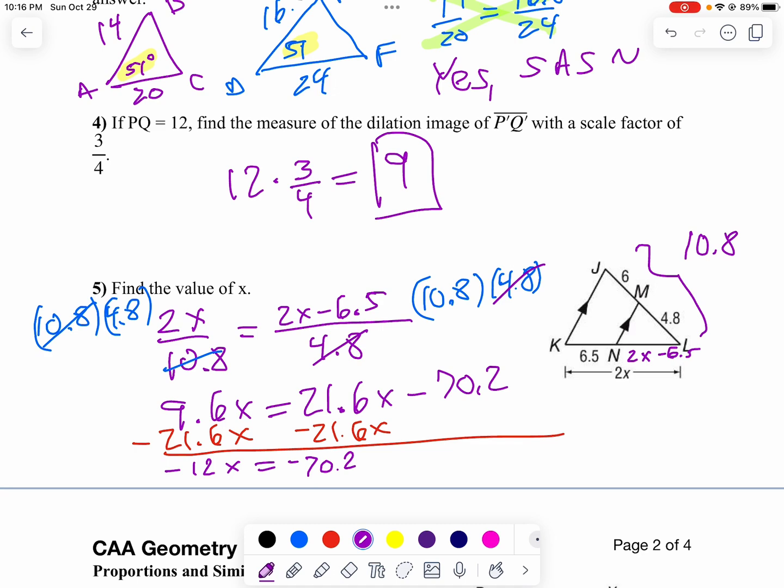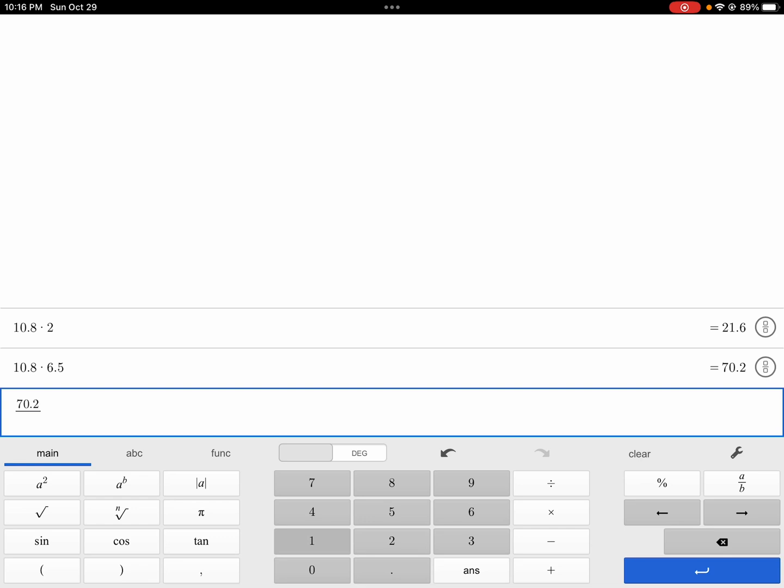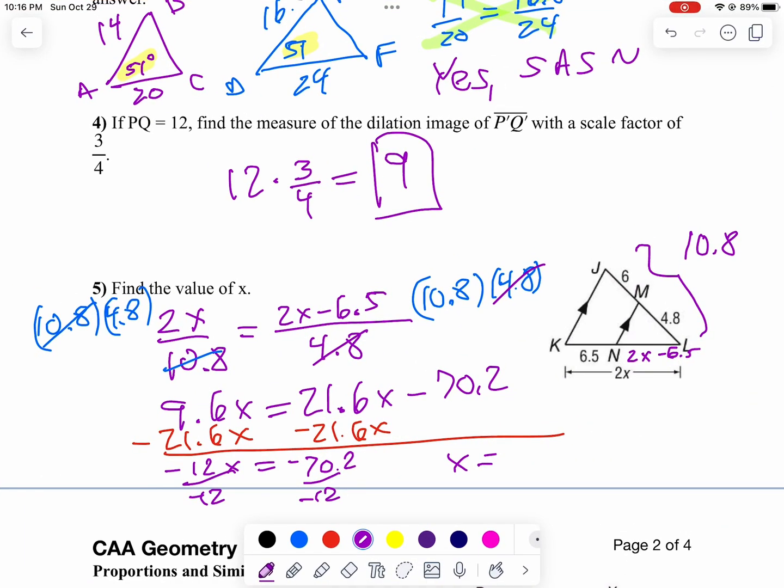So I'll divide both sides by negative 12. And x will be 70.2 divided by 12, and we get 5.85. And that's one way to do it. I like that way just as much as anything.